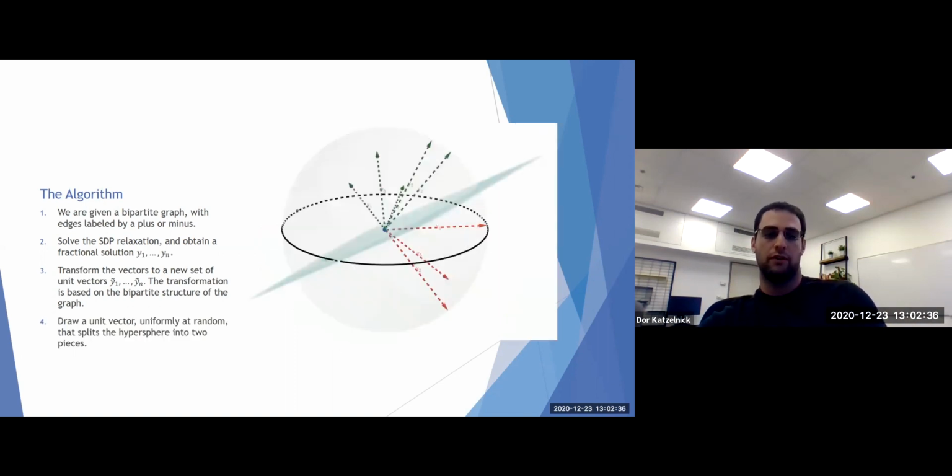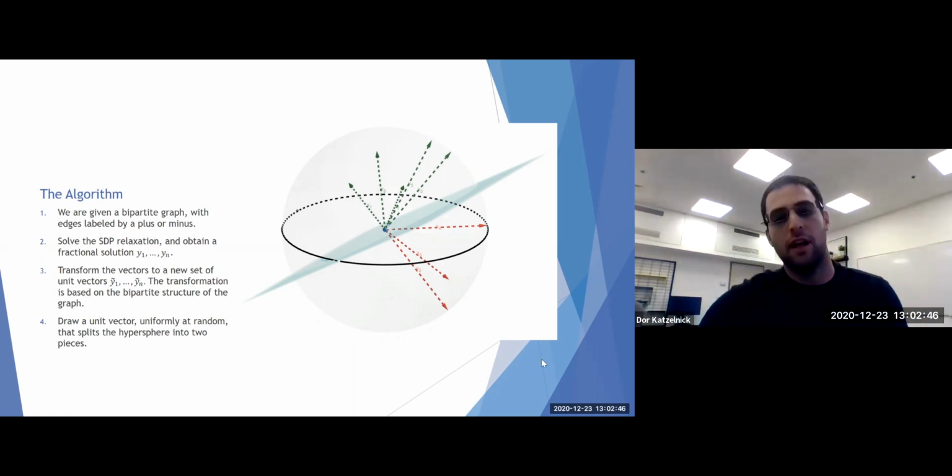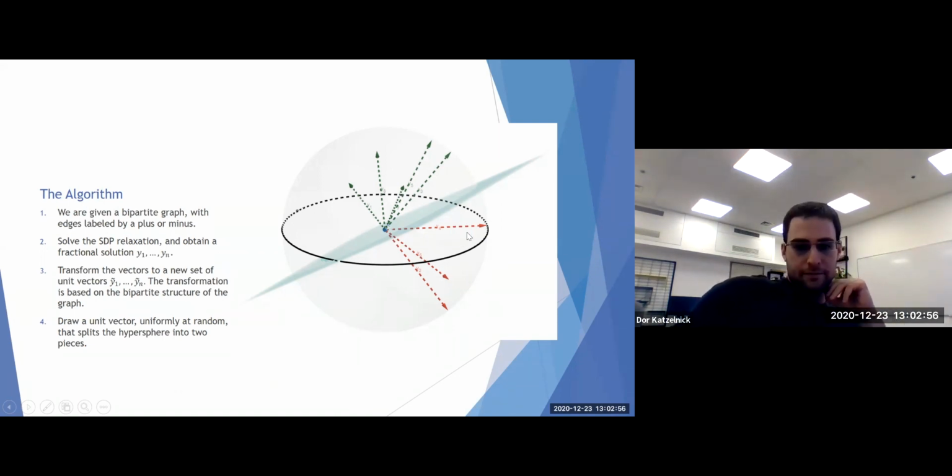So we're going to draw a random unit vector or random hyperplane that will go through the origin, and it will split this hypersphere into two pieces. So you can see now we have this upper part with the green vectors, and this lower half sphere with the red vectors. All right, so now we have two clusters.